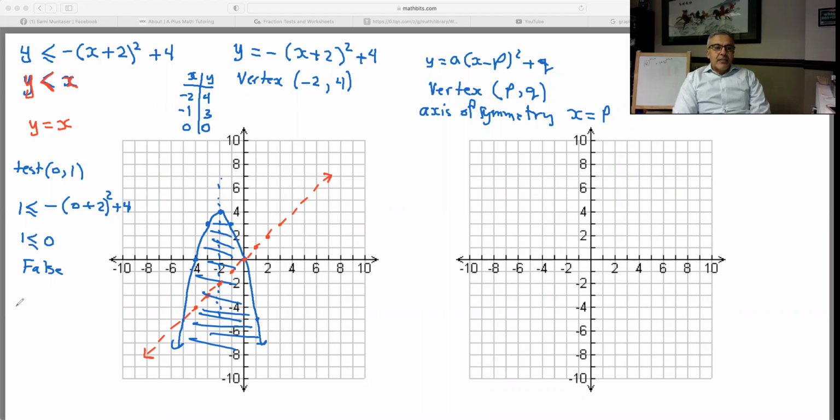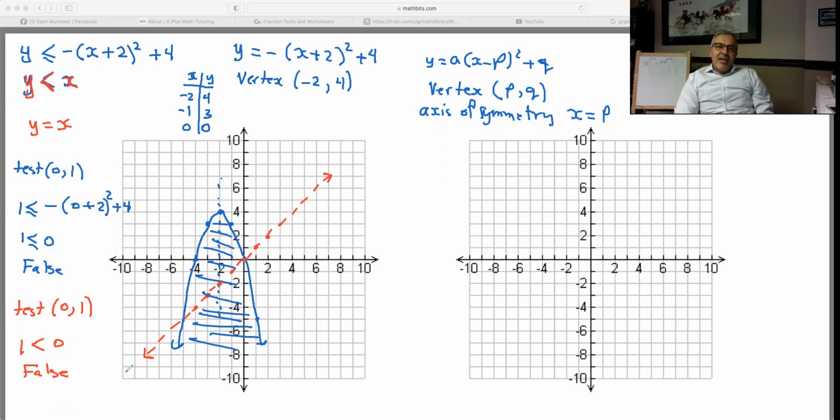So I'm going to test 0 and 1 again. You could test any point, it doesn't matter. 0 and 1 are easier numbers to work with. So 1 is y and x is 0. So I got 1 is less than 0, definitely false.